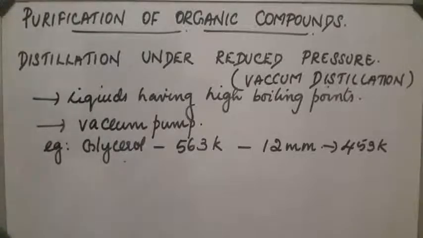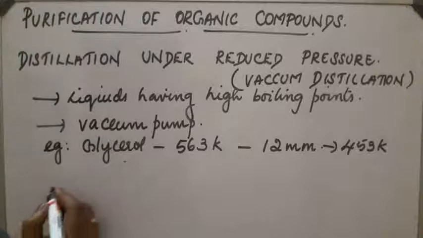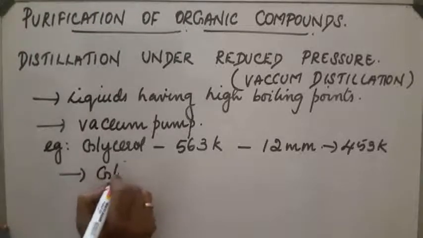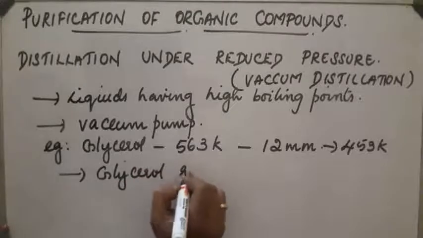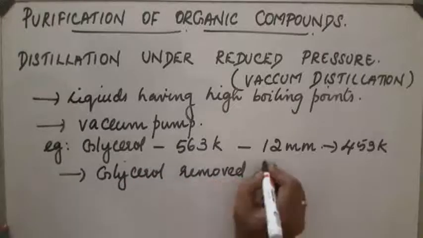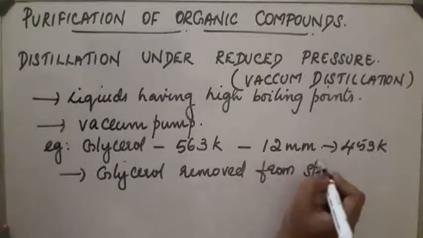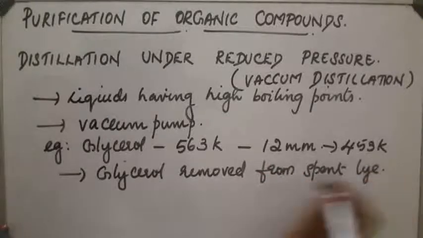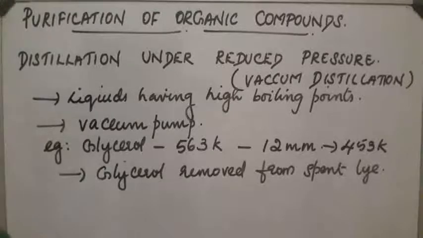Now, this is one of the important applications of vacuum distillation or distillation under reduced pressure. Glycerol is used in the soap industry, and it can be removed from the spent lye. One important application: glycerol is an important component in the soap industry, and it can be removed from the spent lye using this method.